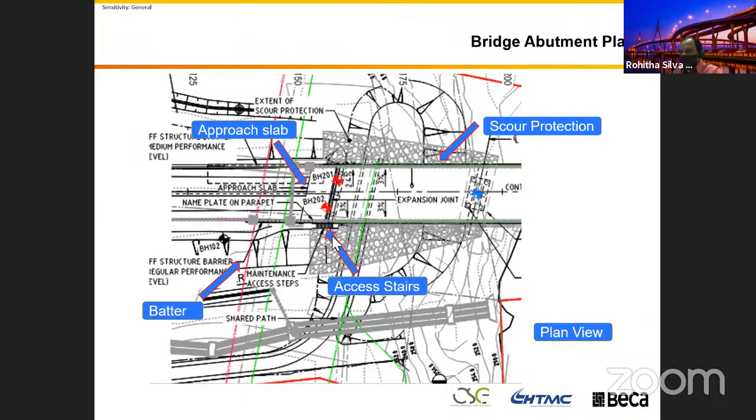And then the other one, the access stairs. You need the access stairs because in a bridge, like I explained last session, bridges we design for 100 plus years, but the bearing won't last that long. Their design life is maximum about 35 expected, but it will last about 40. It depends on the way the bridge articulation works, you will learn later.